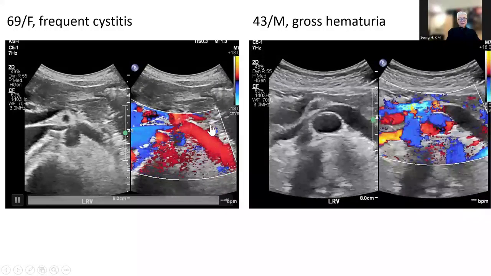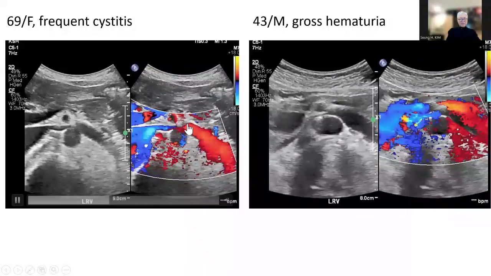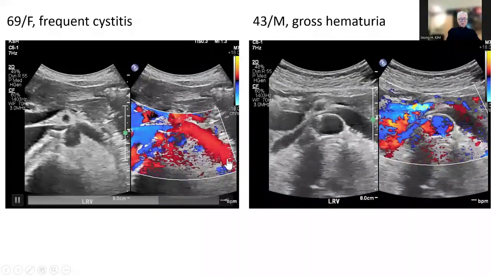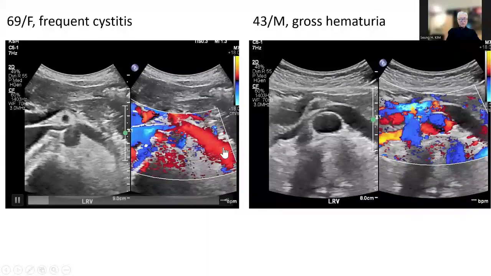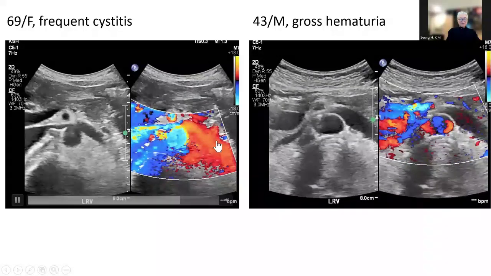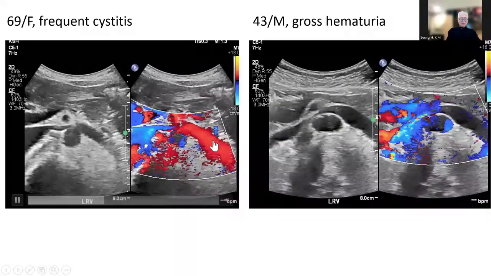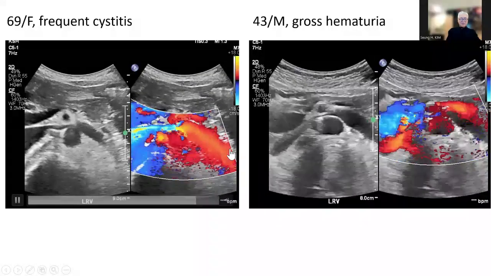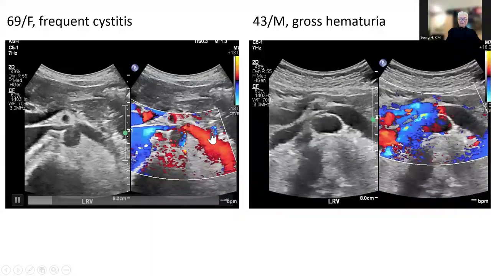One thing is that we see this part of the left renal vein shows homogeneous red color flow signals. It means there is continuous flow here in this proximal left renal vein.